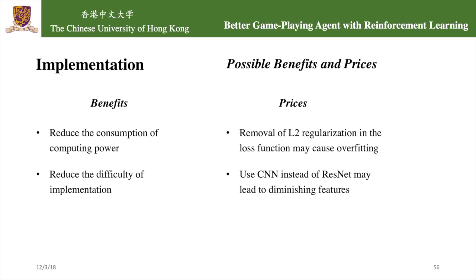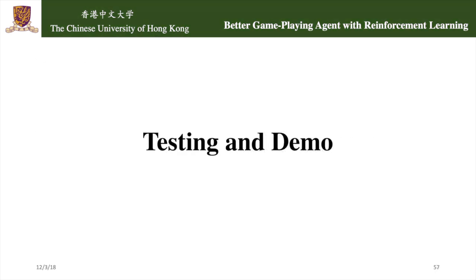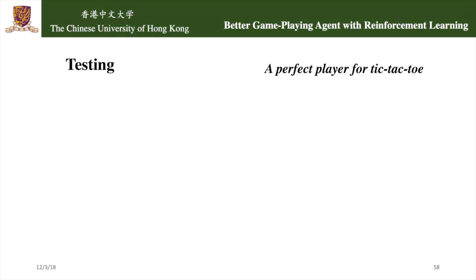First, the removal of L2 regularization in the loss function may cause overfitting, and the use of CNN instead of ResNet may lead to diminishing features when we implement the game on a large board. The training environment is a shared GPU. It's very limited. So here is the testing part.